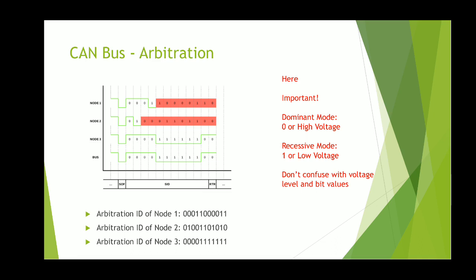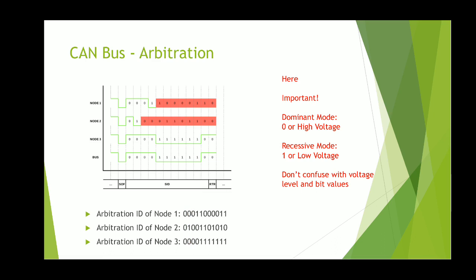Since everything is the same, they will continue to send the second bit of the arbitration ID. But in the case of node 2, the second bit is 1, while for node 1 and node 3 the second bit is 0.